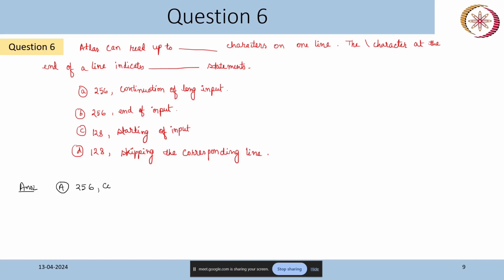Okay. So using this slash character, a long input statement can be spread over several lines. Okay.